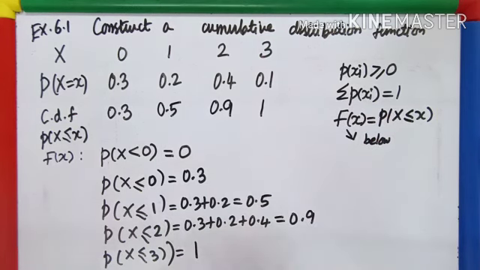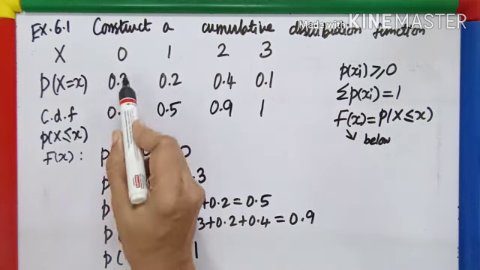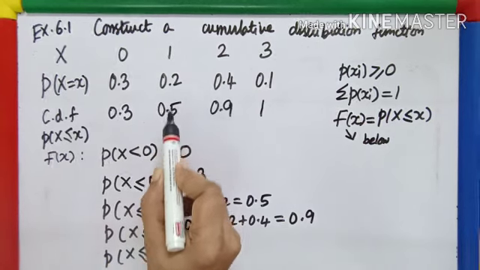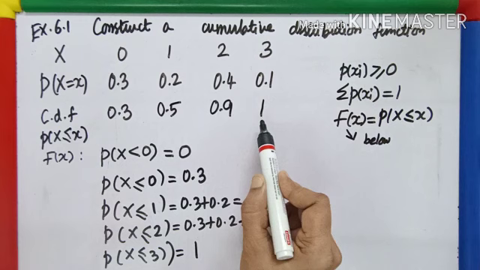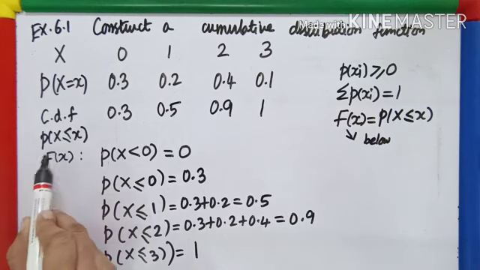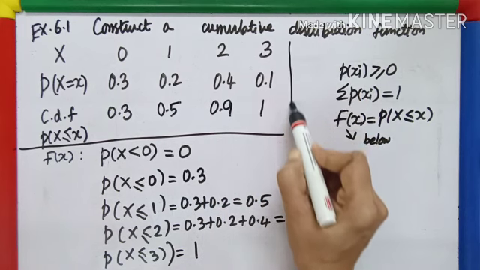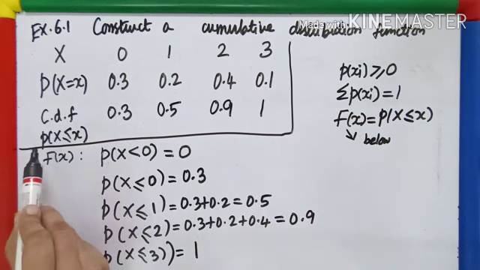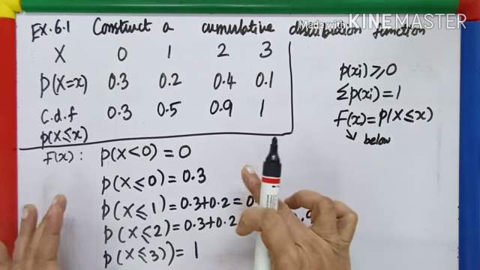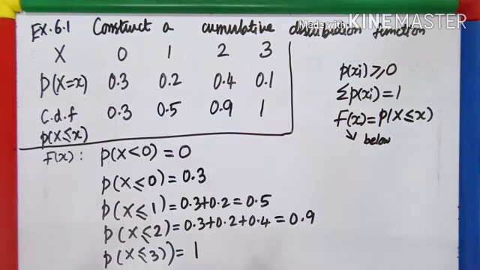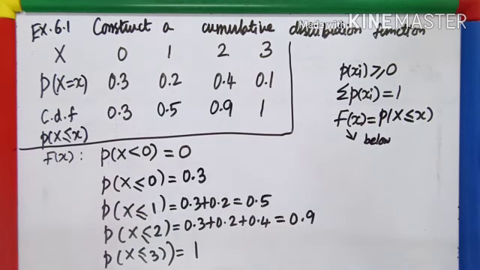Now, instead of writing this, you can also add here and write it. 0.3, 0.3 plus 0.2, 0.5, add all the 3, 0.9, add all the 4, 1, and remember to write CDF in the left. So, CDF is equal to P of X less than or equal to x. This is a better presentation, or else you must be able to write at least like this way.